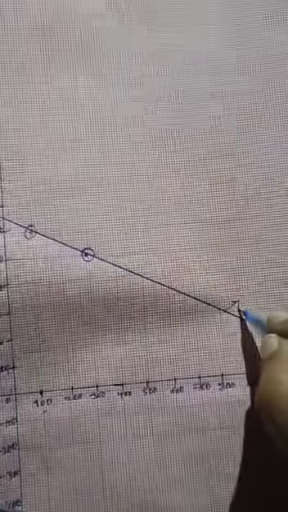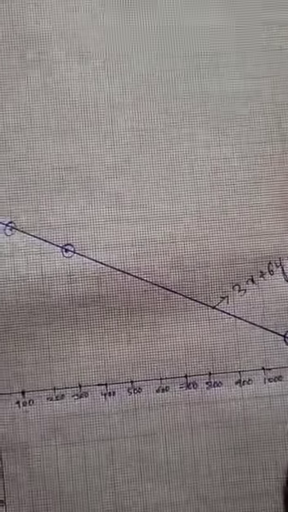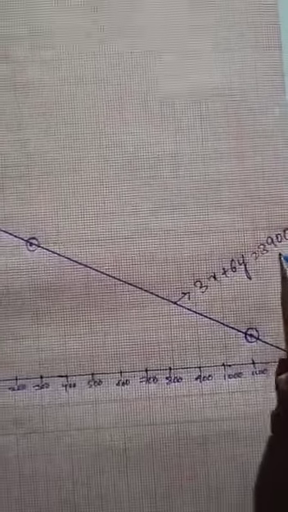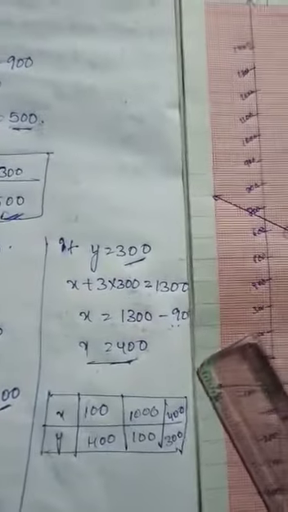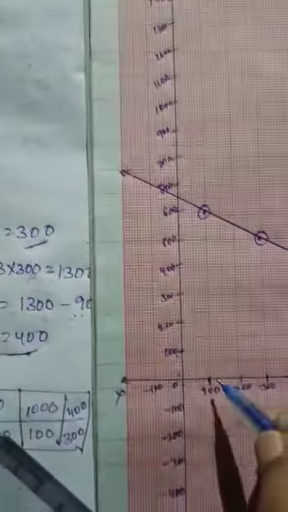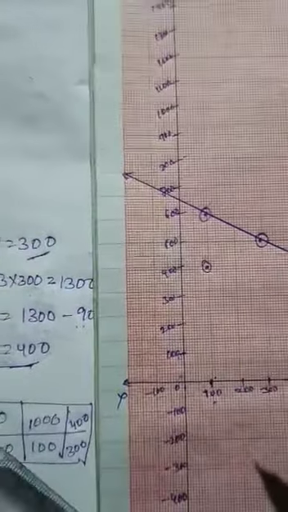So this line represents equation 1, 3x plus 6y, which is equal to 3900. Next point 100 comma 400. This point is 100 comma 400.